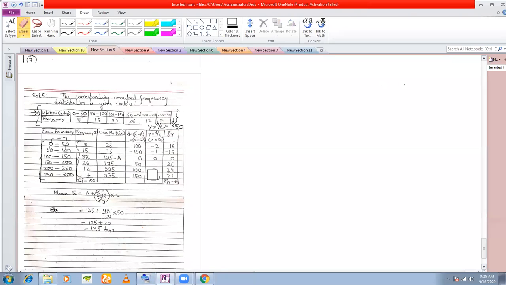And the last column that we make is the product of f and y, because in the mean formula we have a plus summation fy by summation f into c. This is the formula for step deviation method. So I'll make this fy column.